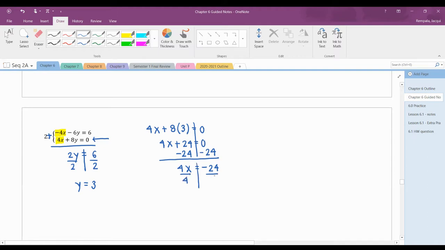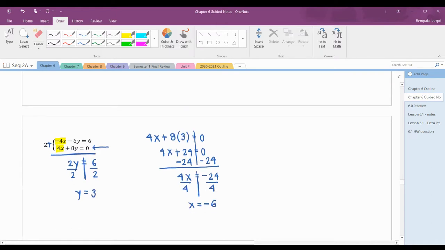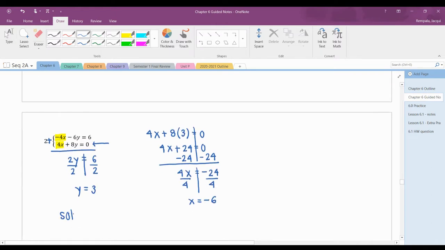Last step to get the x by itself is to divide by 4. Negative 24 divided by 4 will give us negative 6. So we write our solution. We've got an ordered pair here. Remember, x goes first, so it'd be negative 6, and then our y.